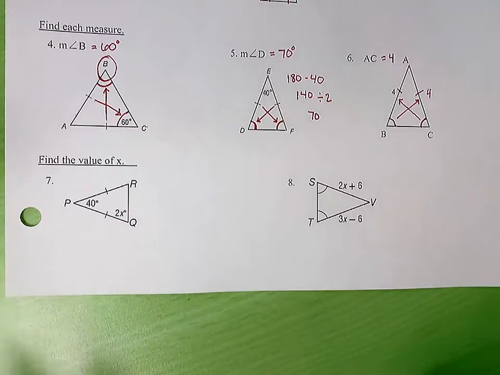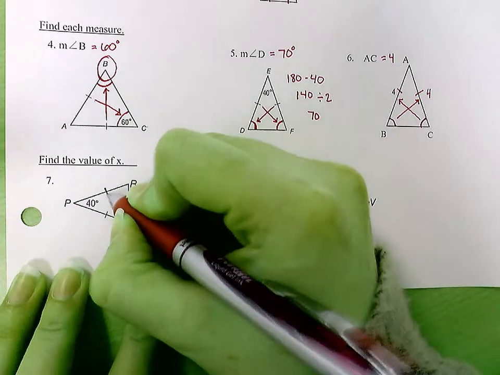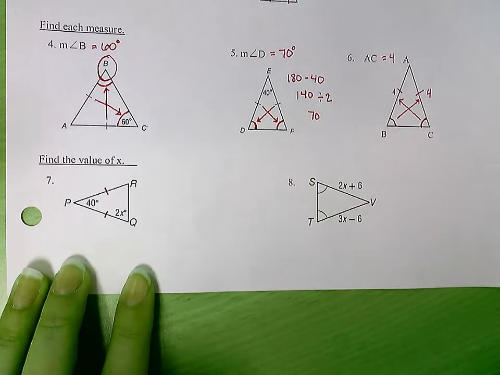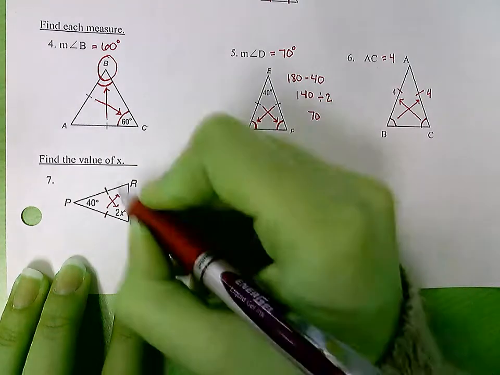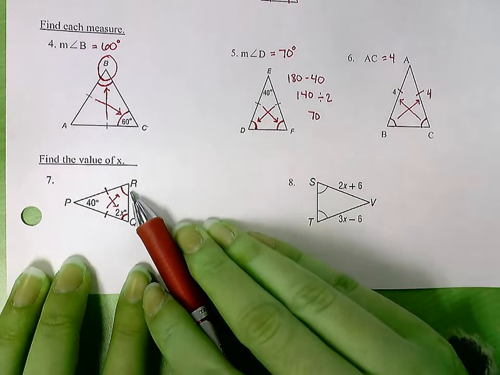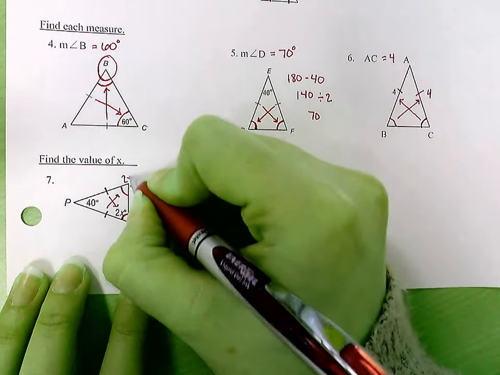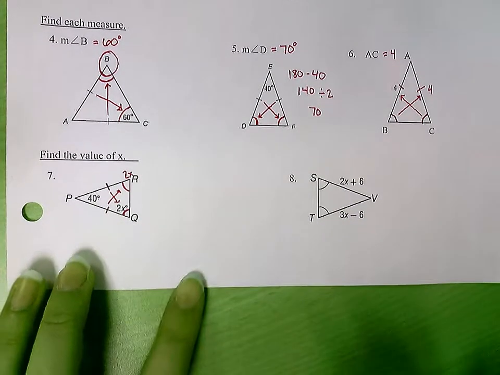Okay. Then looking at my next one here, I want to find the value of x. So there are a couple different ways that you could do this problem. So again, I have congruent sides, right? So my opposite angles are congruent. So that means Q is congruent to R. What does that make R? 2x. Okay, now all three of my angles have to add to be 180.